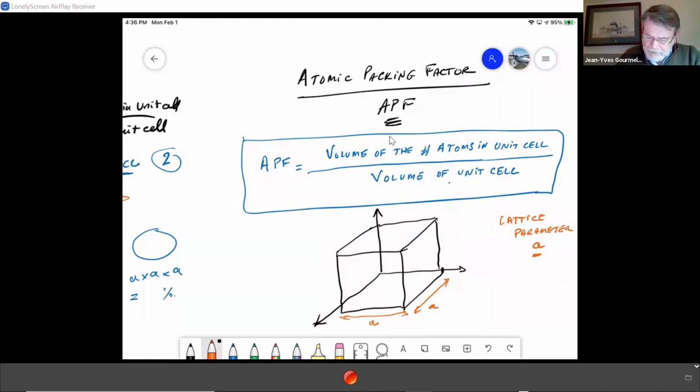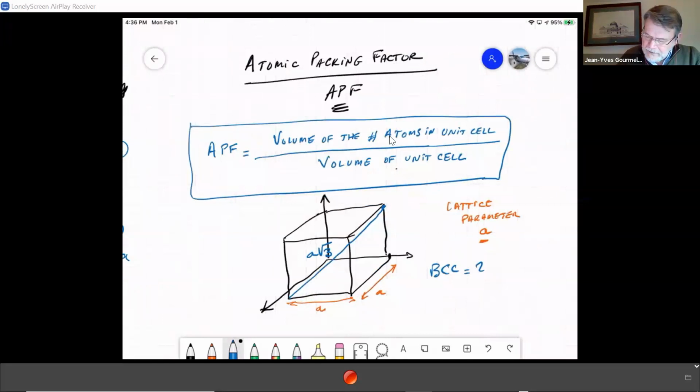From that, we saw that from this corner to this corner here, it's A root 3, right? So how many atoms did we say we had in this box for BCC? We had 2 atoms, for BCC, right?